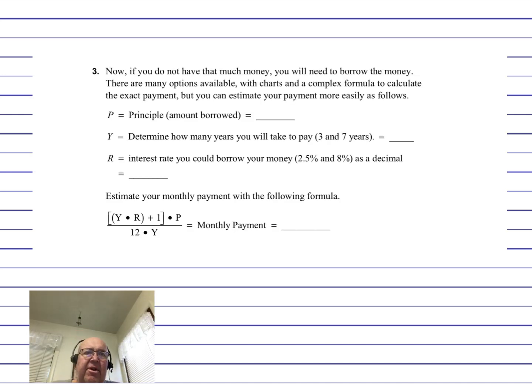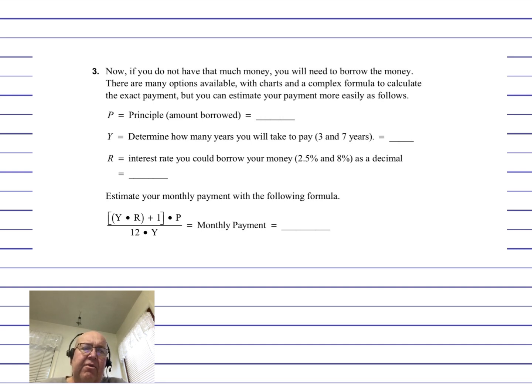In the second part of this, you're going to be asked, if you don't have that much money, how much are you going to have to borrow? So you're going to fill in some information here. You're going to use the principal, the amount that you're going to borrow. Let's assume that you're going to borrow the total amount. Normally you would have a down payment or something like that, but for this exercise, let's say you borrow the total amount.